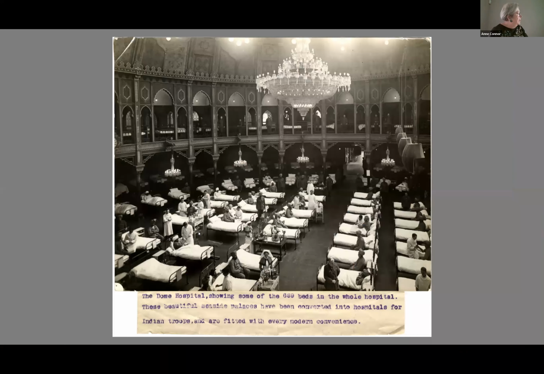It was, by the way, transformed into a hospital, but interestingly enough, for Indian soldiers during World War I. And then just some interior decoration.